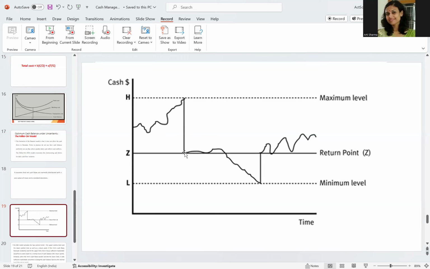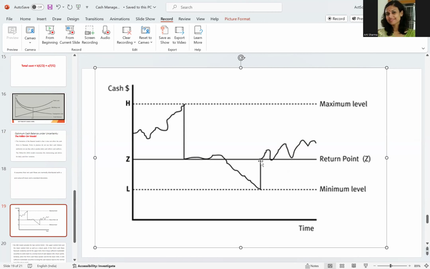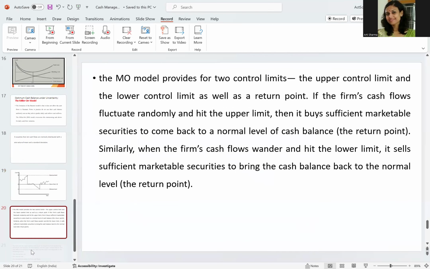So till this reorder point we will invest our excess cash, and after that again, if the cash level decreases till a minimum level, then we will borrow the cash from short term loans and other options, and we will raise our cash balance to the reorder point, and this way it will keep going in the case of uncertainty.